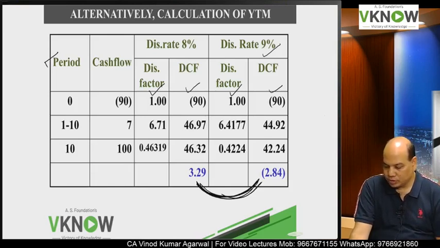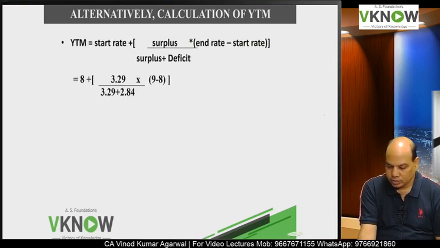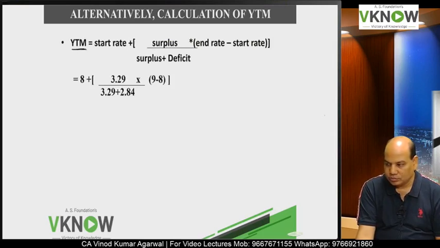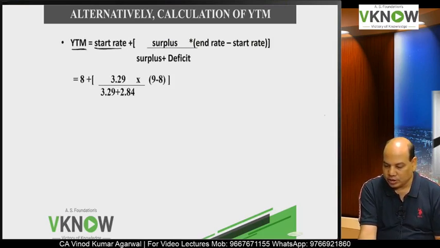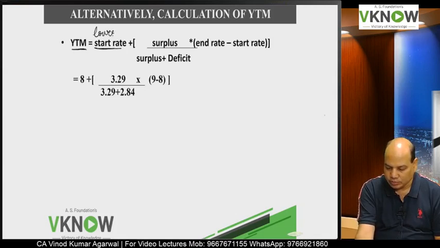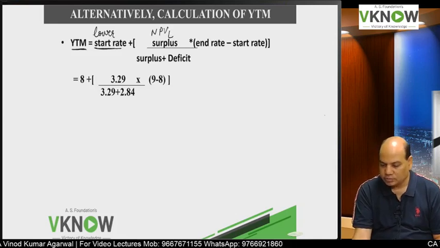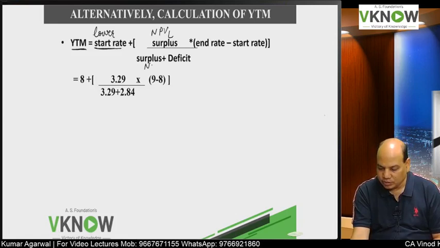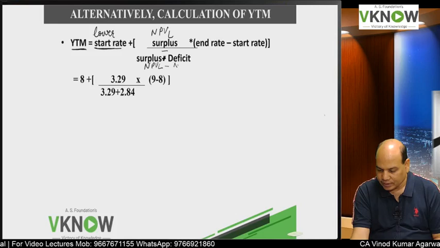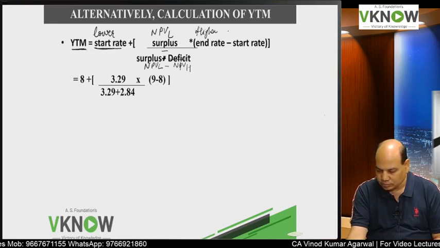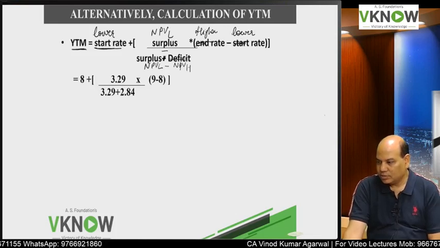So write down the formula of IRR. IRR or YTM is equal to start rate, means lower rate, plus NPV at lower rate upon NPV at lower rate minus NPV at higher rate, into higher rate minus lower rate, if you are more comfortable with this.